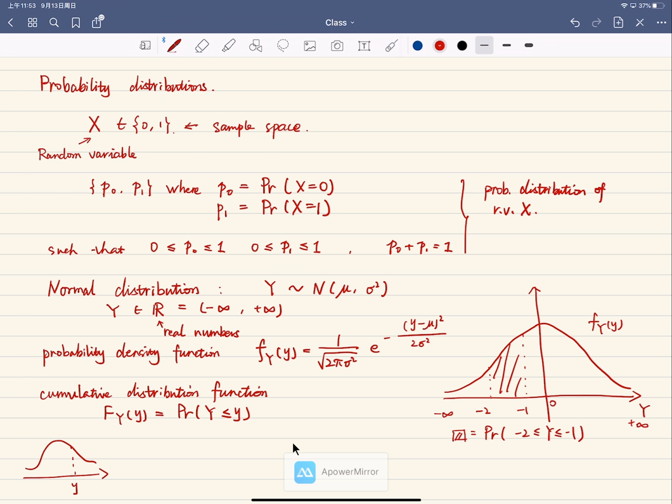Then it should be the area of all this region. If you are familiar with calculus, it's basically the integral from negative infinity to y. I use y bar to distinguish between a generic y and a specific value of y, equal to this.